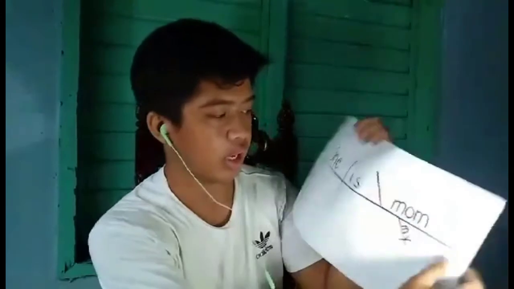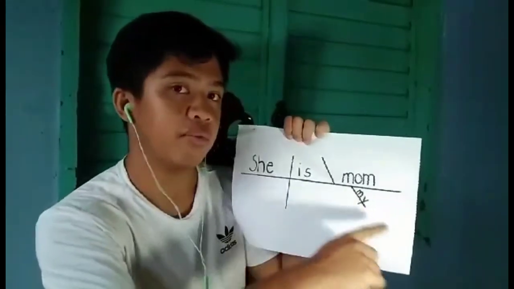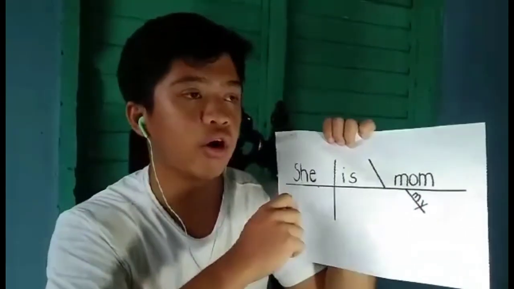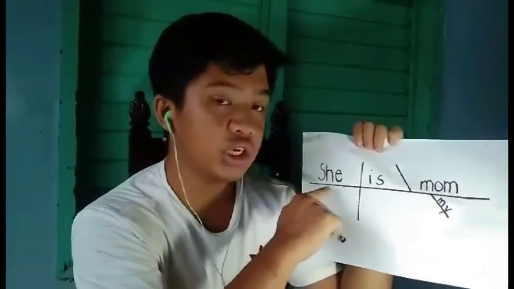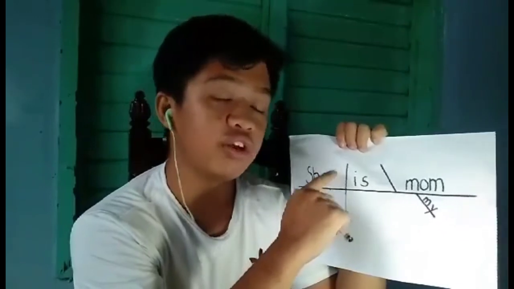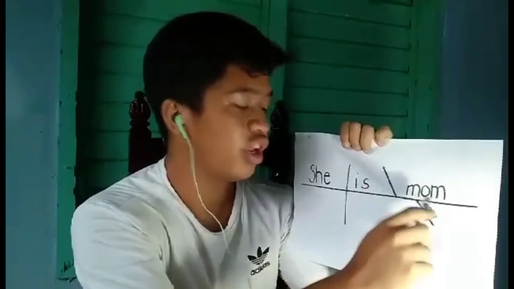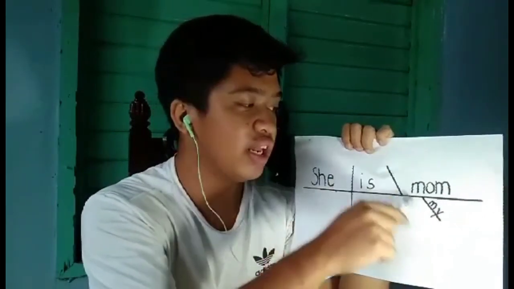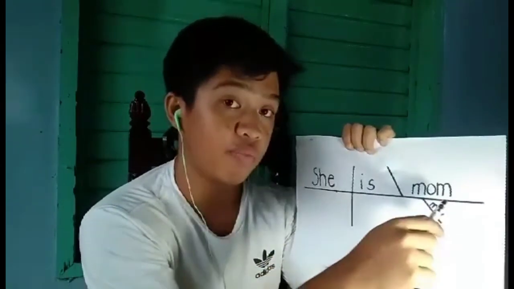This is the example of a predicate nominative. So the sentence is, she is my mom. So first things first, draw a horizontal and vertical line, then write the subject she, followed by the linking verb is, and since mom is used to modify our subject, we will draw a slanted line here to separate the linking verb from the word mom.